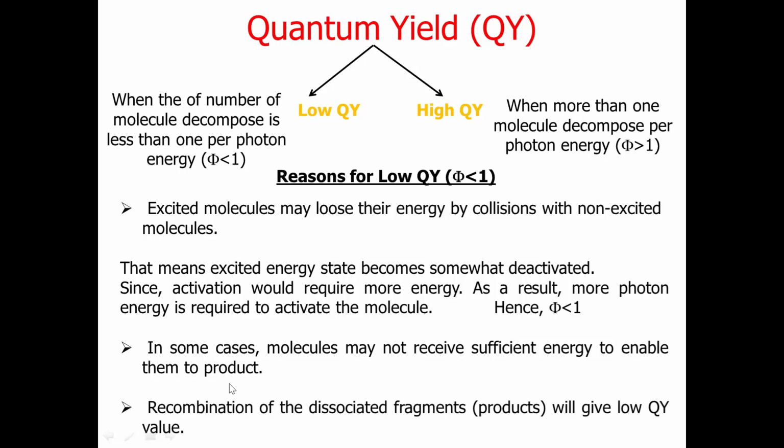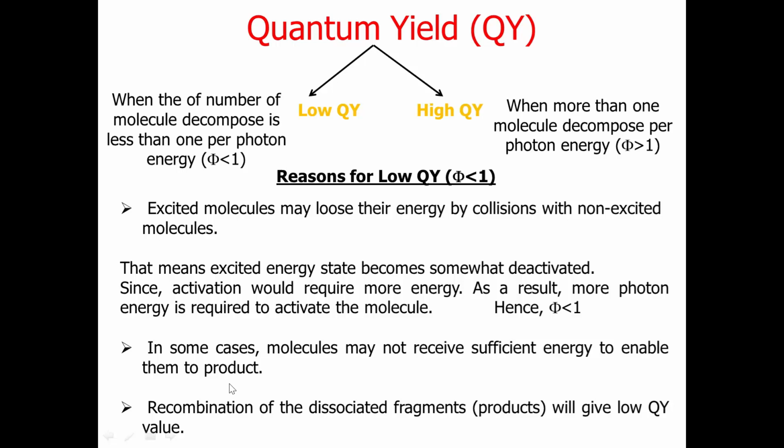The third case is recombination of dissociated fragments, which will give a low quantum yield value, because whenever in the excited state some kind of free radical formation takes place, the molecule decomposes into a number of free radicals. Suppose H2 can be decomposed as H dot and H dot. Then what happens in the excited state? These two free radicals, H dot and H dot, combine together.